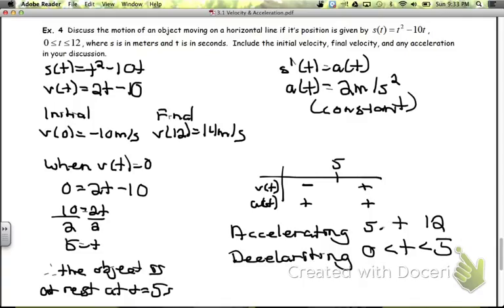Sorry about that, I wrote my greater than and less than signs wrong there. So t should be less than, there we go. So that is example 4.